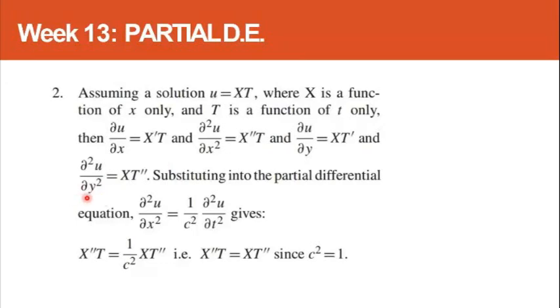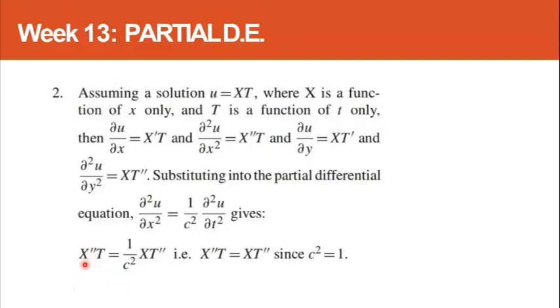And next daw, for the substituting into partial differential equation, ito yung kanina na pinakita natin for the formula of the wave equation. So dito, i-substitute lang natin siya. Therefore, kapag sinubstitute na natin, ito yung magiging formula natin.